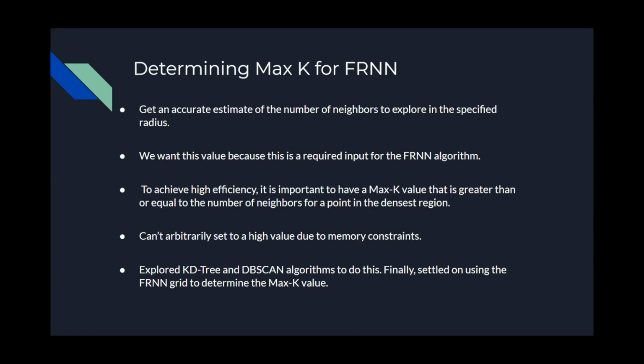I looked at three algorithms to obtain a value for max K: one being KD-tree, one being DBSCAN, and the other simply using the inherent features present in the FRNN grid to determine the max K value.